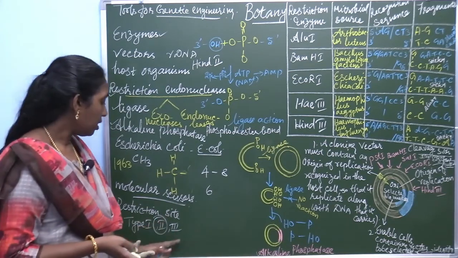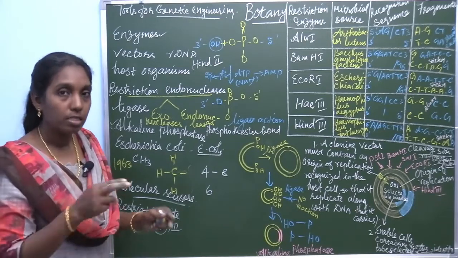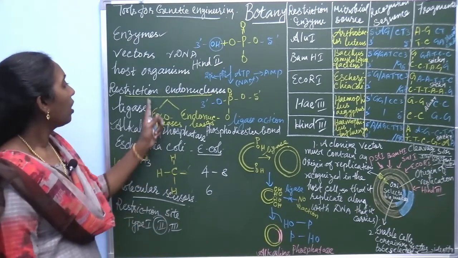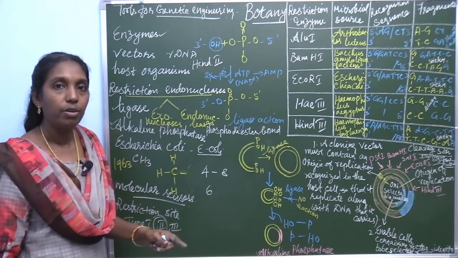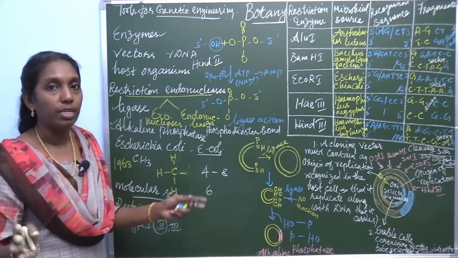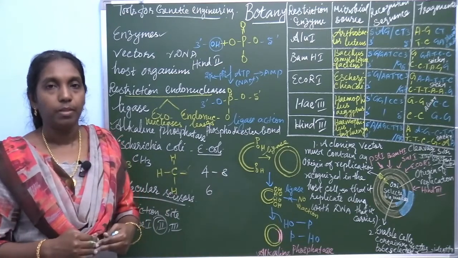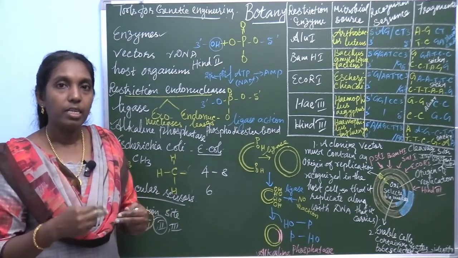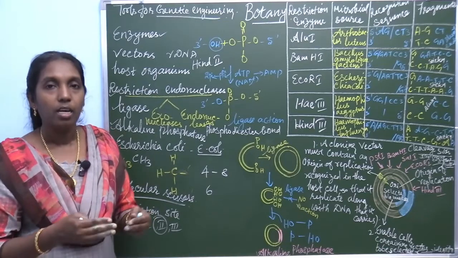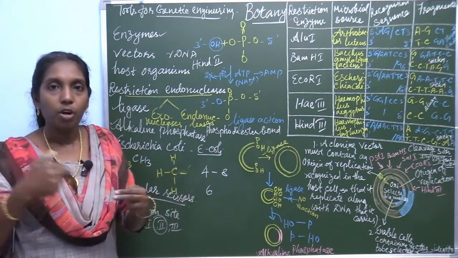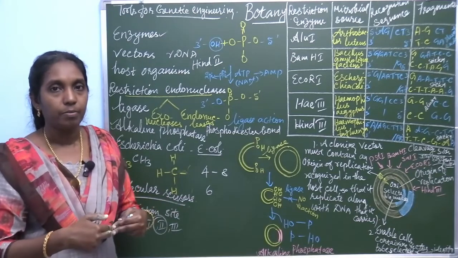Based on this, type 2 is used to cut the DNA sequence, that is, it is used as restriction endonuclease for cleavage. What is its role? It cleaves the DNA sequence. When you are making a recombinant DNA, the plasmid or the vector can be cut open and a foreign DNA can be inserted.